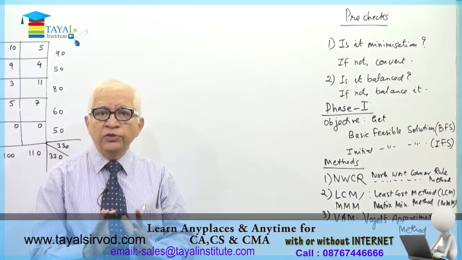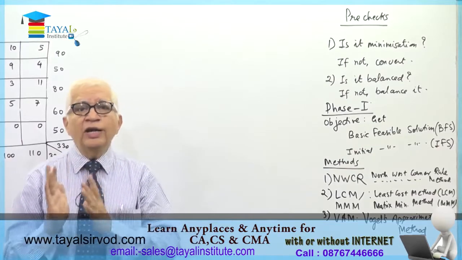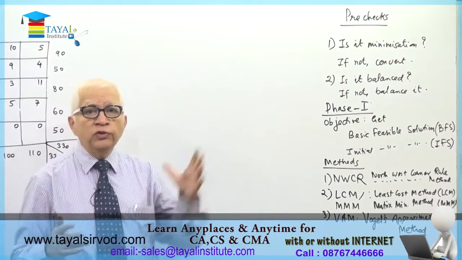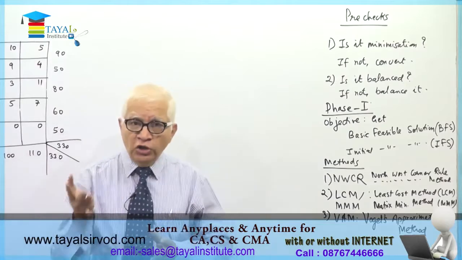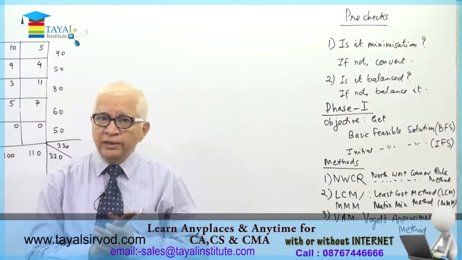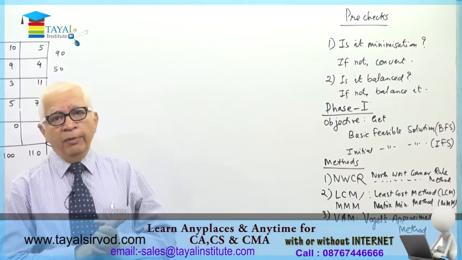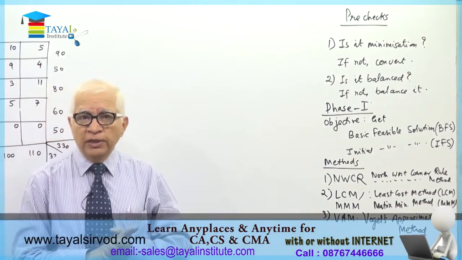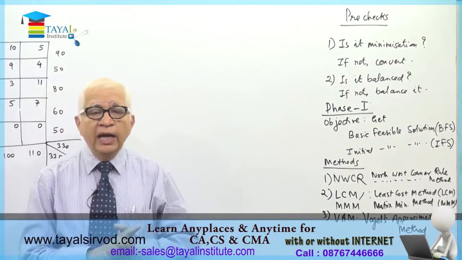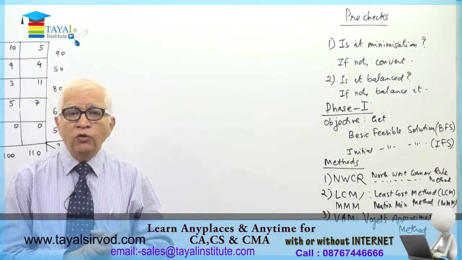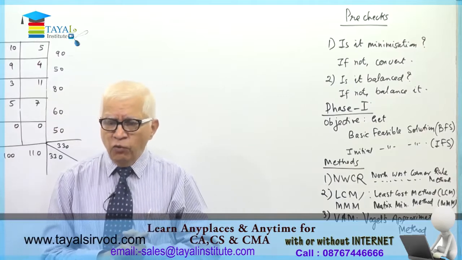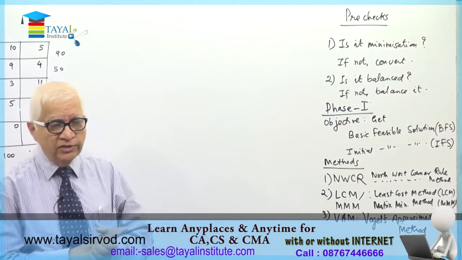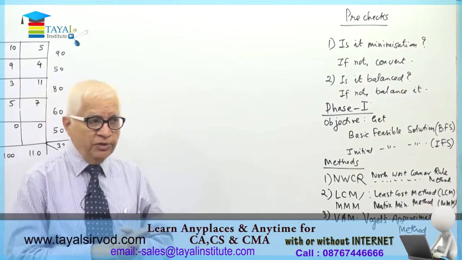The purpose of phase 1 is to get in place a BFS or an IFS. Which method do we use? We have 3 methods to be used: northwest corner rule or northwest corner method, LCM or MMM standing for least cost method or matrix minimum method, and last one VAM or Vogel's approximation method. Vogel is the person who discovered this method, that's why his name has been given as Vogel's approximation method.